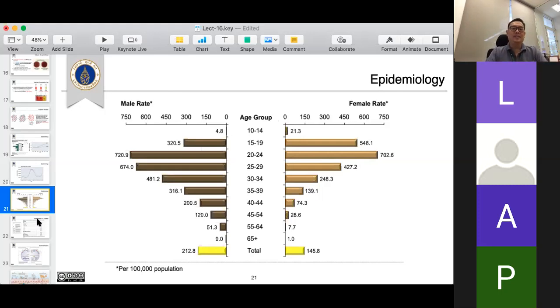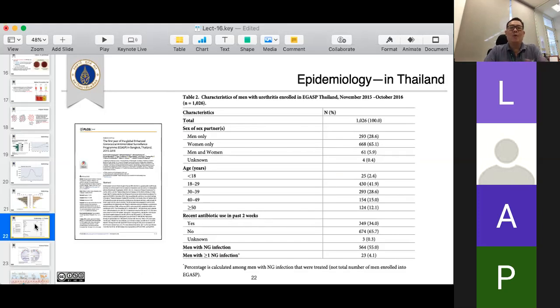That's the statistic. Well, what about Thailand? I found a paper that talks about urethritis, from 4 or 5 years ago. They surveyed 1,026 patients.